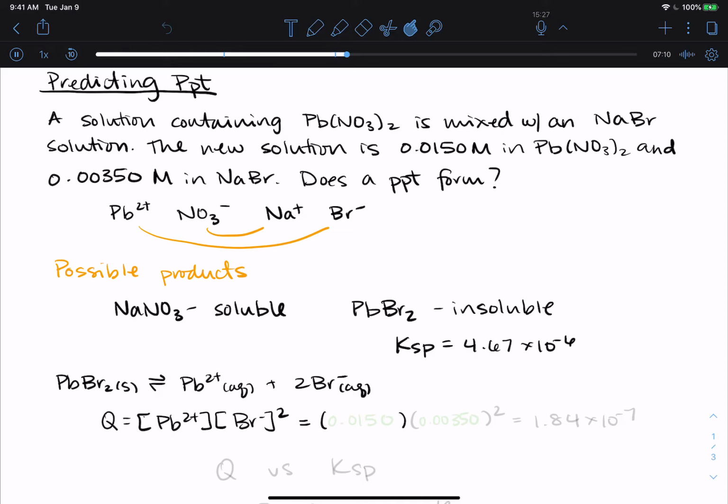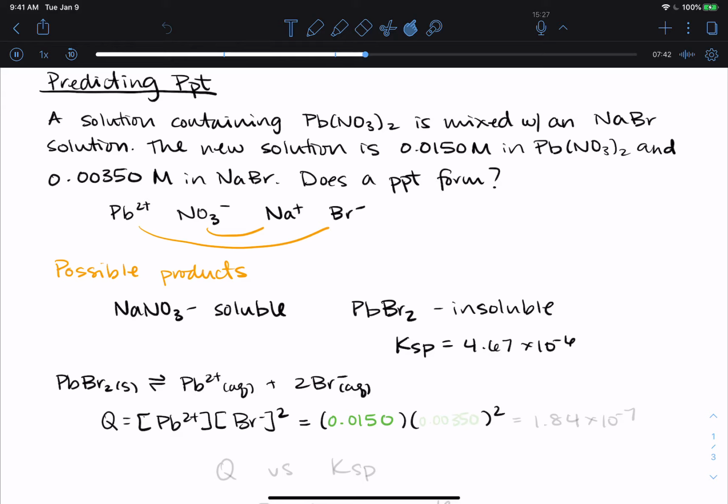So I need lead 2 plus, and then I need Br minus squared. And all of this is in the problem. So a 0.015 molar lead nitrate solution, because you get one lead ion for every 1 mole of the salt, is also 0.015 molar in lead 2 plus.